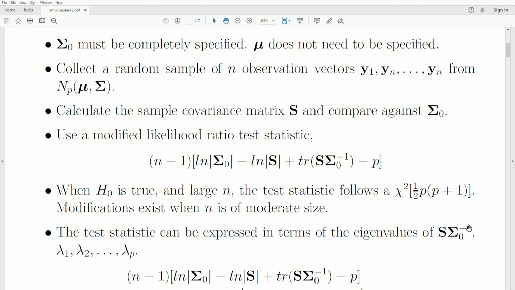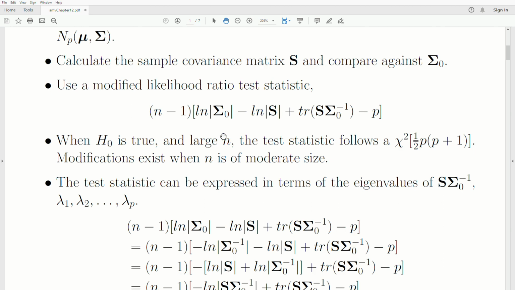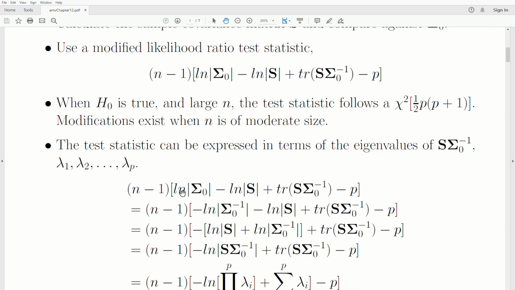We're going to go through that derivation, and then we're going to jump into R and do a test using this approach. So we rewrite the test statistic here, and then this term here, the log of the determinant of sigma naught, if we multiply it by minus 1 times minus 1, we take one of the minus ones up here because it's a log, and then we take it into the determinant, and that's where we get this.